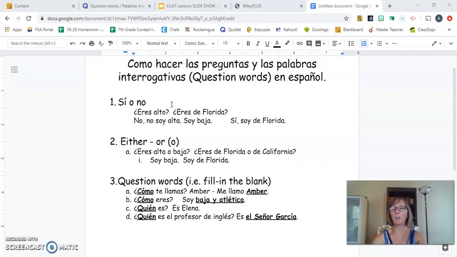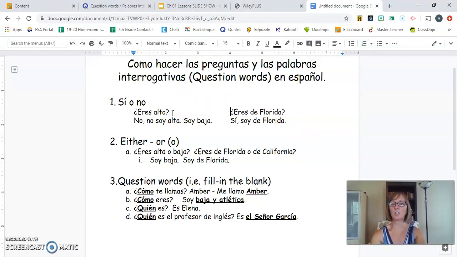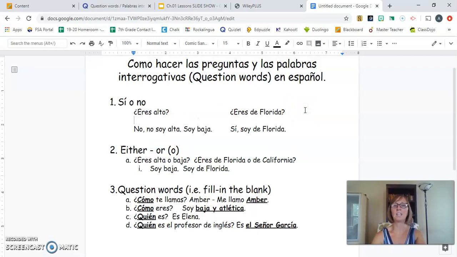Another way that we could write these questions is by stating the question, but simply adding no at the end in question form. So we add that inflection in our voice when we're asking. Por ejemplo, ¿Eres alto? No. Right? Or I might say, ¿Eres de Florida?